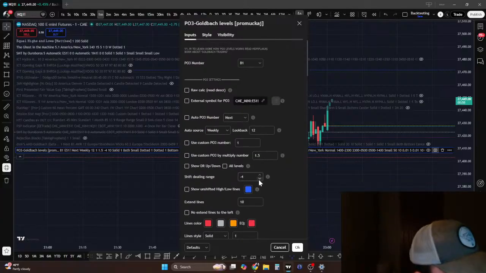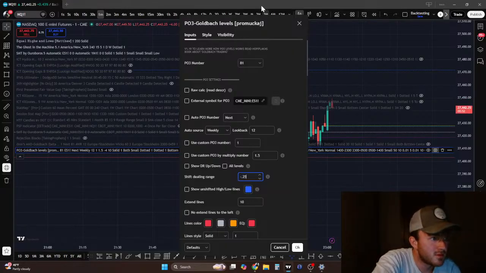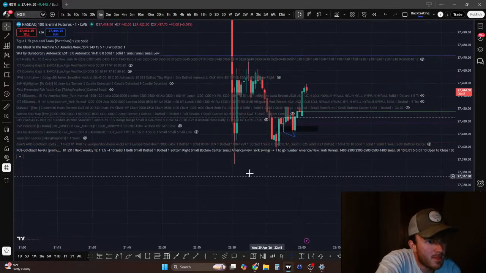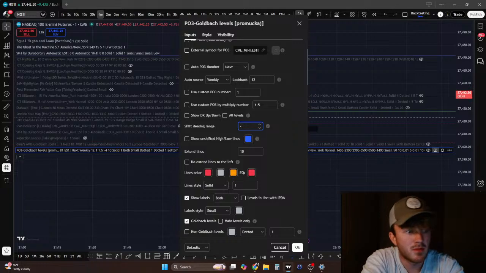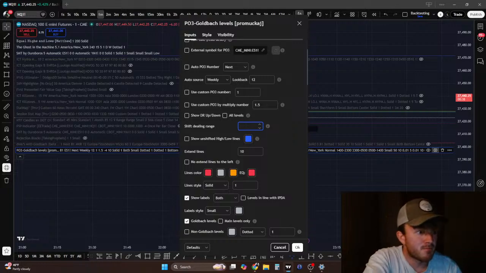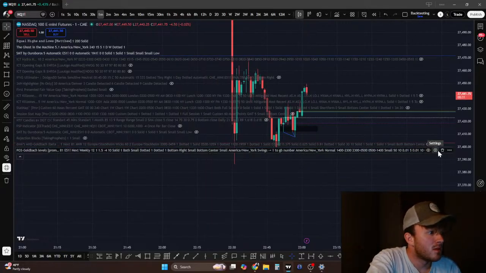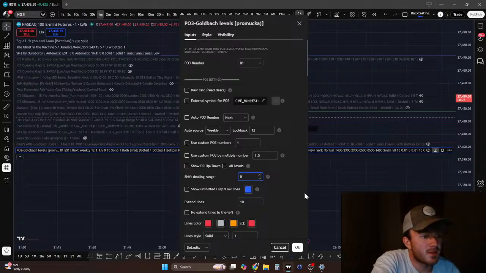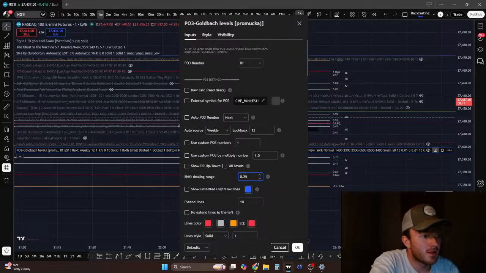Where is it? Oh my. Why isn't it letting me shift it by 0.25? It might have to be 0.25. I think that's why.